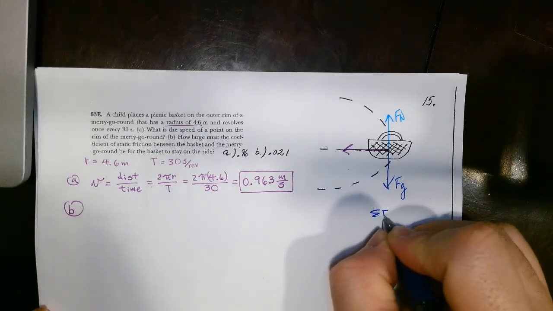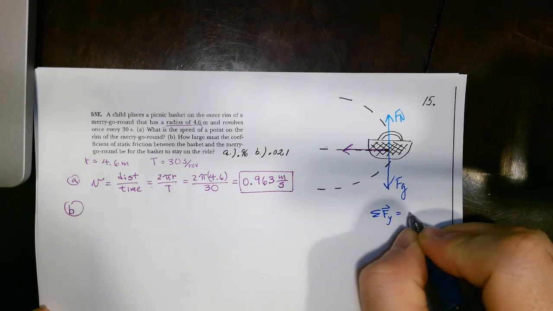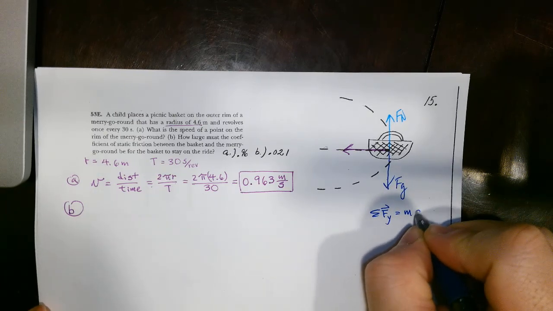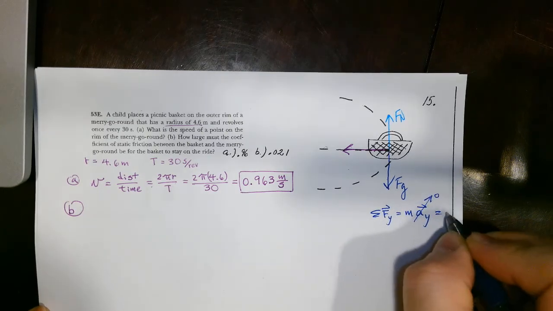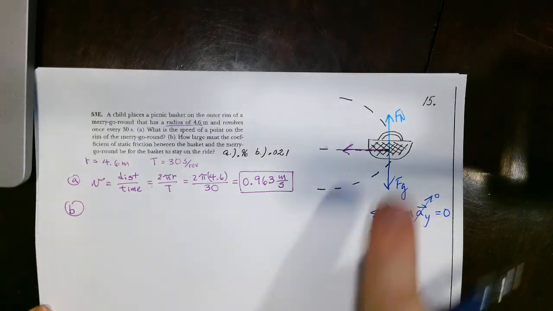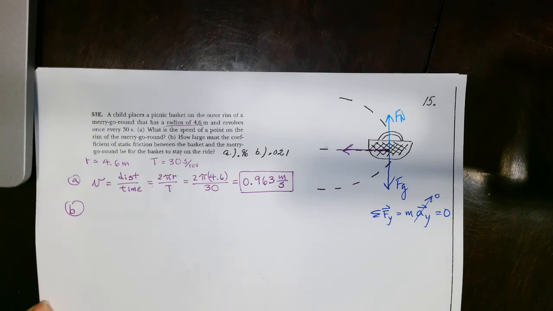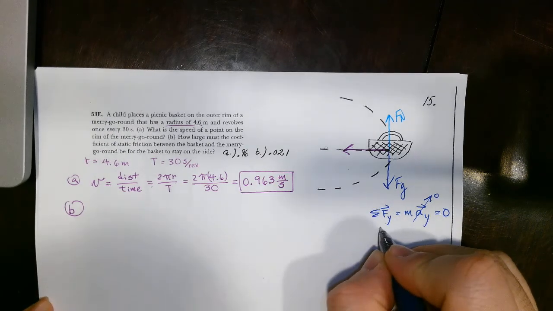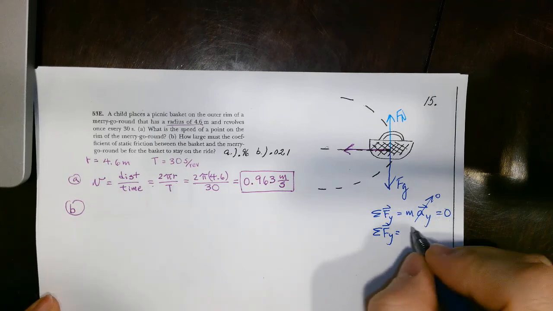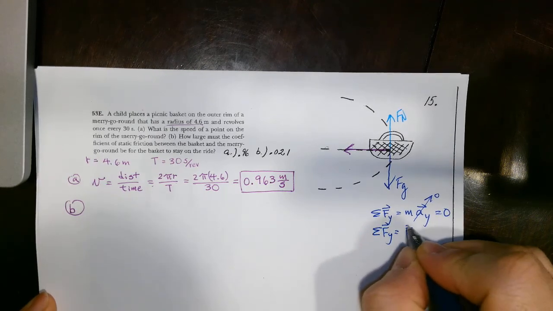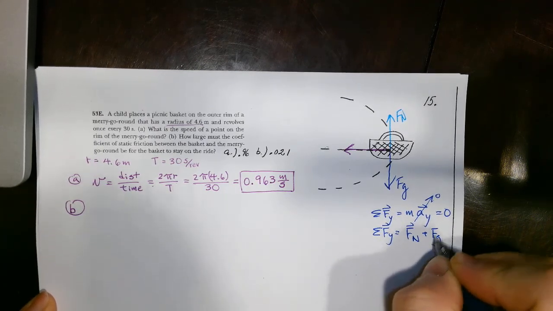So sum of all forces in y is equal to m a_y, but you know a_y is going to be 0 because it's not going to be going off or through the merry-go-round. And sum of all forces in y, obviously, we have F normal and then we also have Fg.